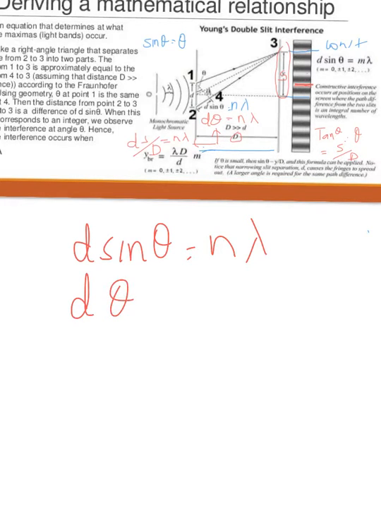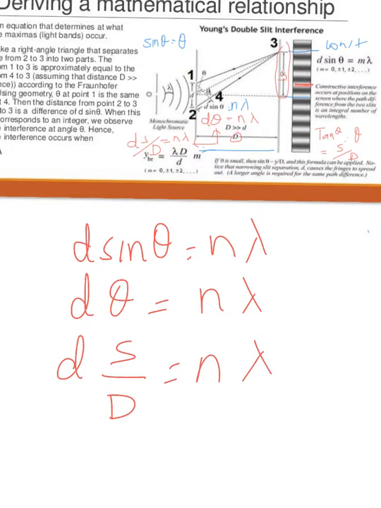So if we sum up in a slightly tidier fashion, we have a path difference of d sine theta, which is equal to n lambda, some multiple of lambda. Because sine theta is the same as theta, we end up with d theta equals n lambda. And because of the triangular nature of the setup, we end up with d s over capital D equals n lambda.